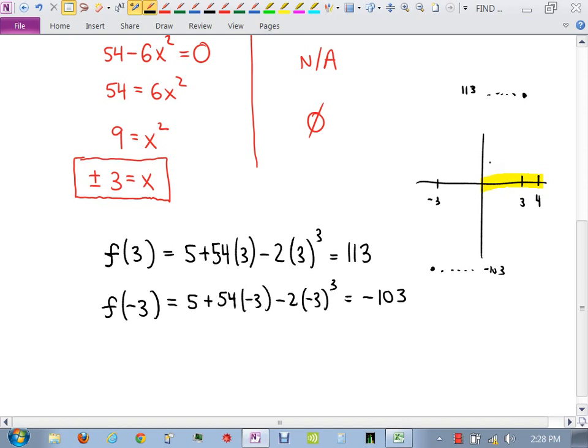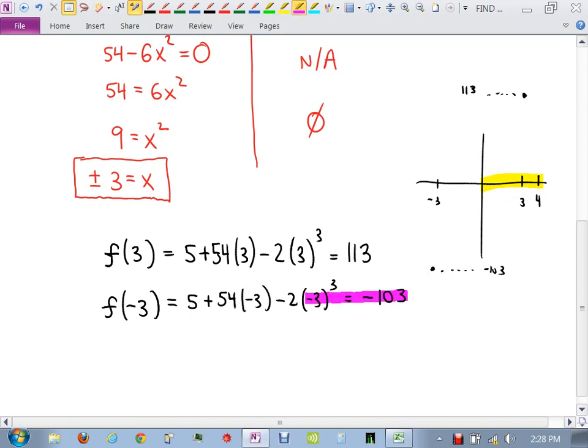So when I found the two critical numbers, positive and negative 3 here, I should chunk any of the numbers that aren't in the interval. Now, the worst that's going to happen is that you're going to evaluate it and waste a little bit of time, but you don't want to count that as a possible answer.